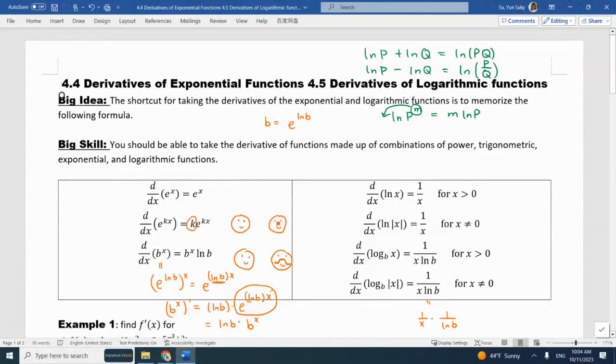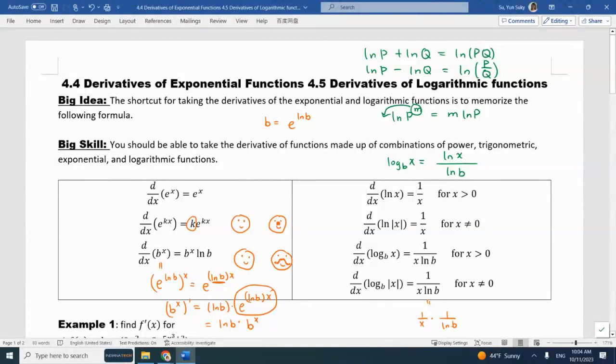We also have the change of base formula. So log base b of x, if we want to change to base e, is ln of x over ln of b. You can change to any base. Your x is still on top, your b is in the bottom. This is the change of base formula.